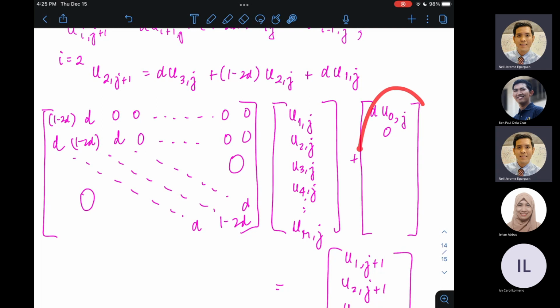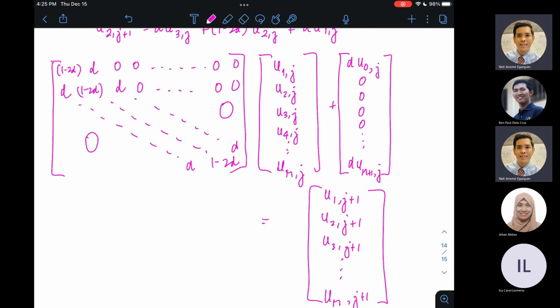And then this vector to be added to the product will have 0 entries in the middle, but yung huli niya ay merong D times u sub m plus 1 comma j. Okay. And so this would be the matrix form for our FDS or finite difference scheme, right?